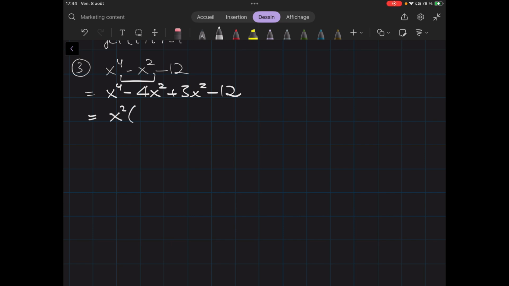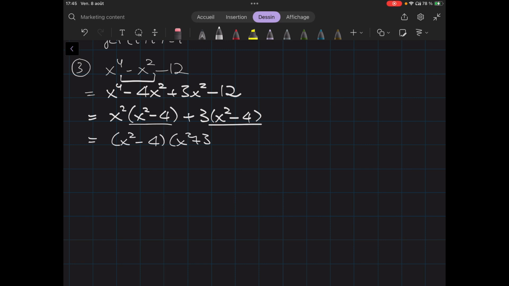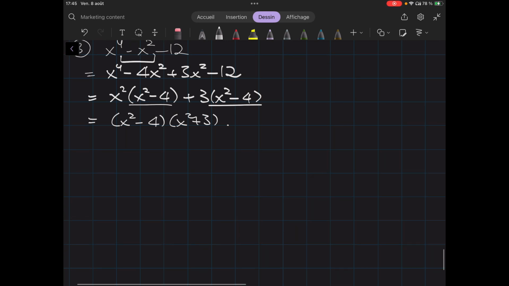Factor the x squared out, factor the 3 out. We notice that they have this in common. Voila. We're not done yet. Now I would like to factorize this because this is nothing more than a difference of squares. And that's the end of the question.